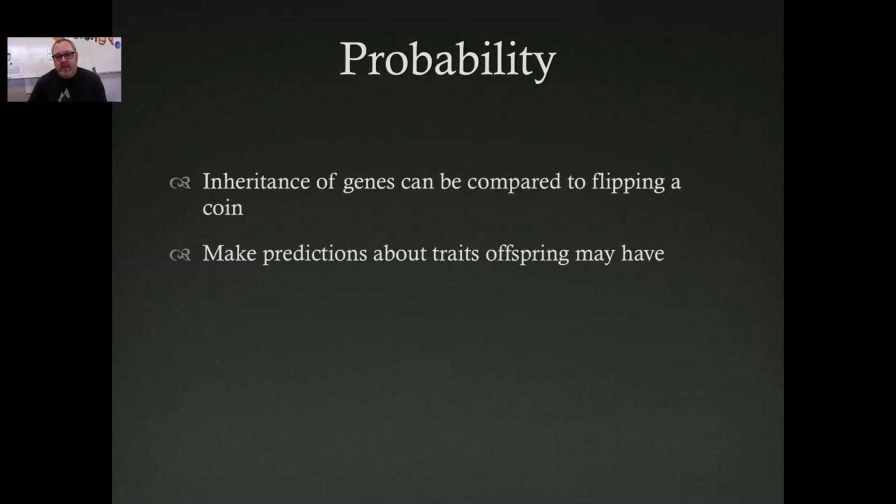Now, to make this a little bit different, if I flipped it and I got tails, there was a 50-50 chance of that happening. If I flip it again, there's a 50-50 chance of getting tails again, but getting tails 2 times in a row, there's a 25% chance. And then flip it again, and there's a 12.5% chance of getting tails one more time.